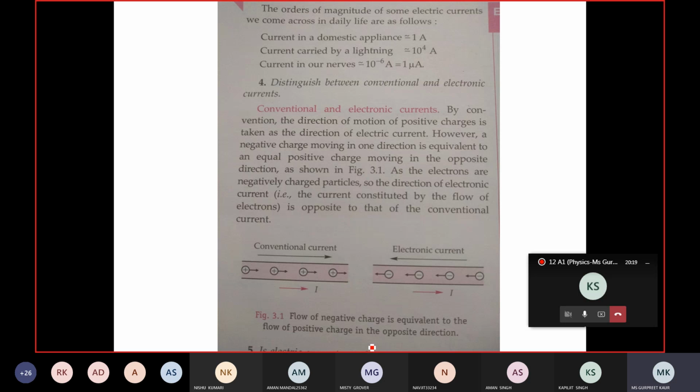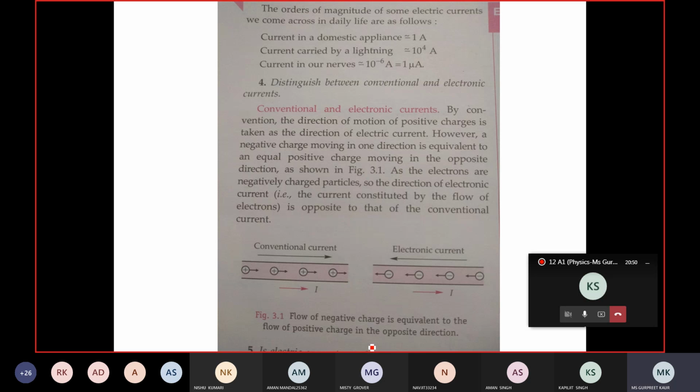The current due to motion of electrons is called electronic current, which is taken in a direction opposite to the direction of conventional current, which is the direction of motion of positive charge. I already told you that positive charge doesn't move. These are only the free electrons which move.